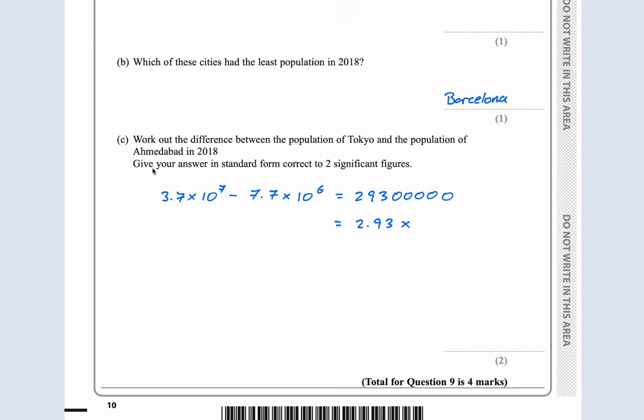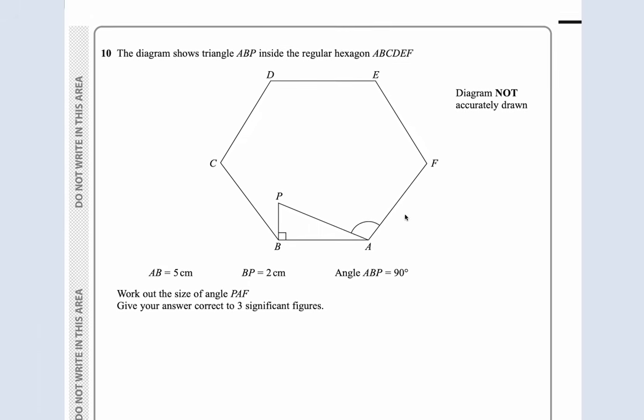He wants his answer in standard form to two significant figures. So let's just be a little bit careful. I'll write this first. It's 2.93 times 10 to the power of 7, because, again, you can see this, look, 1, 2, 3, 4, 5, 6, 7. But to two significant figures is 2.9 times 10 to the power of 7. Okay. Question 10.